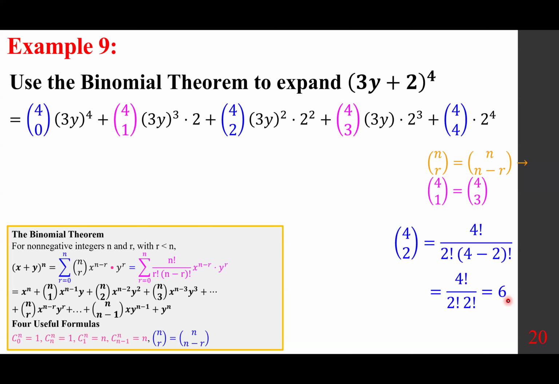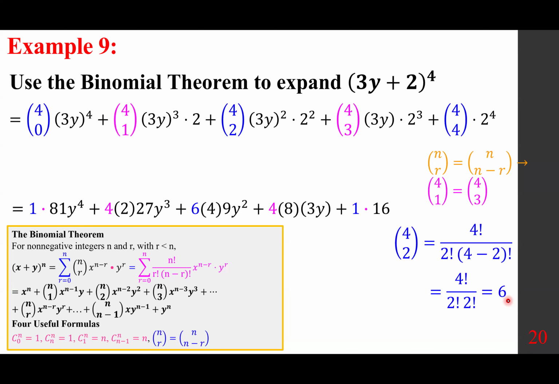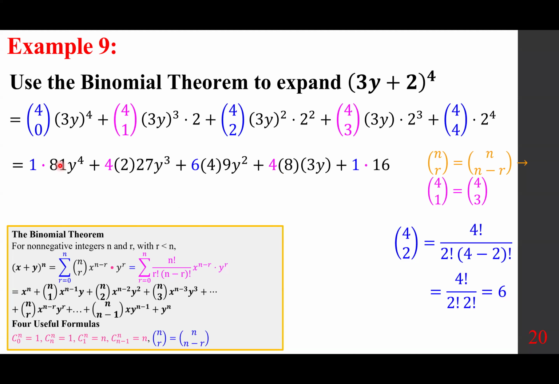And so plug in: 1 times 3 to the power 4 is 81y to the power 4, 4 times 2 times 27, 27y cubed, and then 6 times 2 squared is 4, 9y squared, 4 times 2 cubed, which is 8, 3y, and so on.